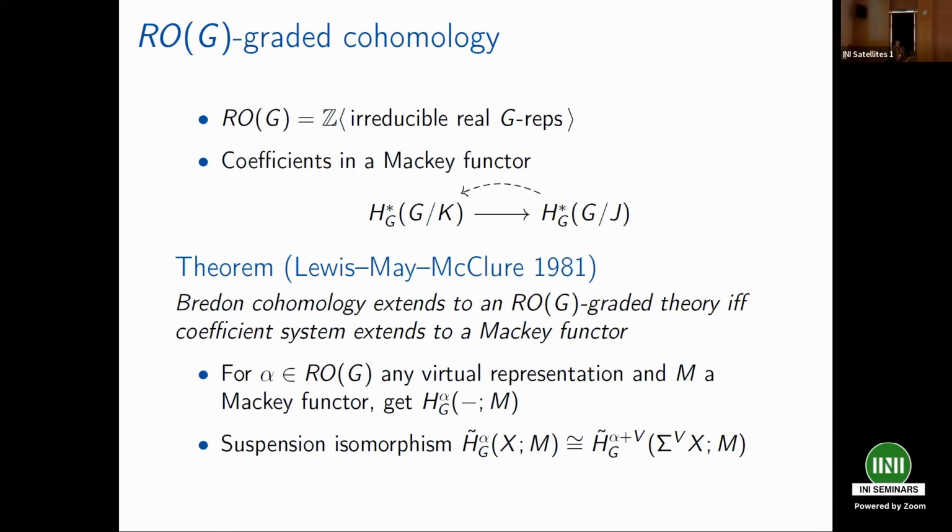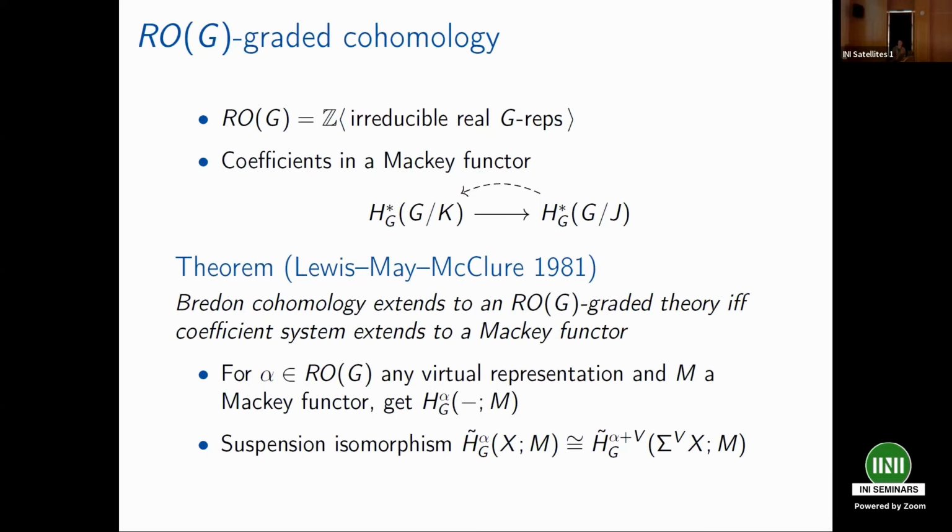Okay, and for me, one of the big advantages of this theory is that now I have a suspension isomorphism with respect to these representation spheres. So I could take my G-CW complex and smash it with S^V, and usually my suspension isomorphism shifts the indices, and indeed it does, and now it shifts by V, which was the representation, right?